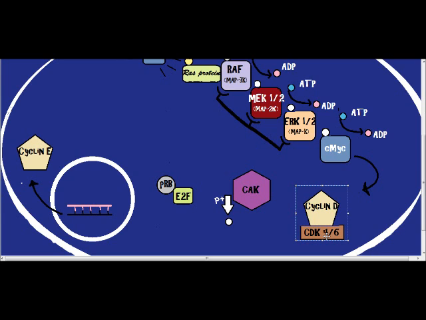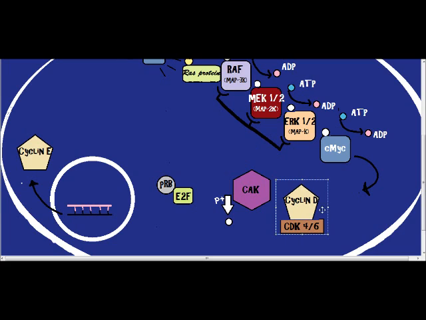So now it's almost activated, but before this complex can be activated, it needs a CAK, which is a CDK activating kinase. And this CAK will come and phosphorylate the CDK and cause another conformational change that fully activates the CDK.